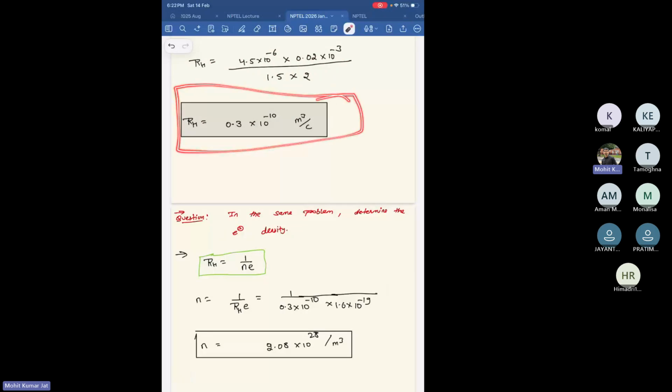Then in the next question, I discussed how to determine the free carrier concentration. Of course, the carriers can be more than this one, but it means the average number of carriers which are contributing to the electrical current. So these are 2.08 into 10 power 28 per meter cube, what we call the free electrons.